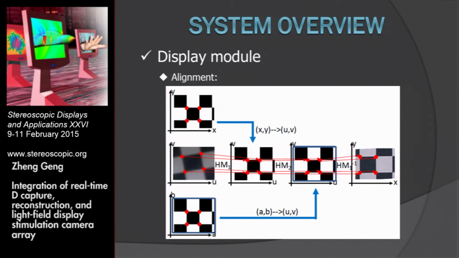We need to project onto the screen, so the screen has to be projected into the camera coordinate system, and we unify all these systems together, and then we can do the alignment.